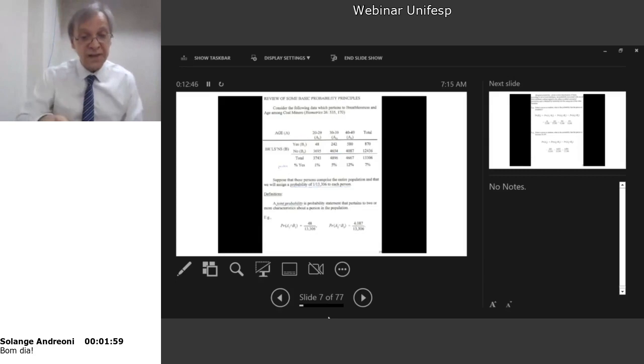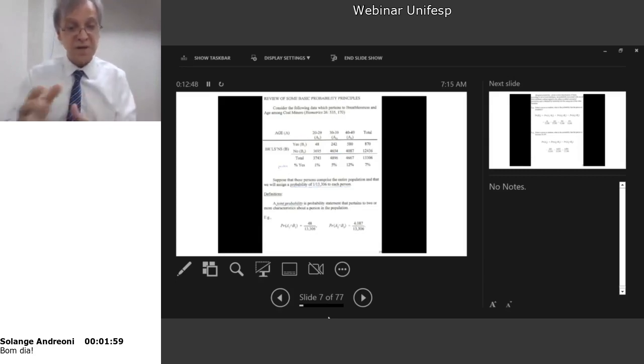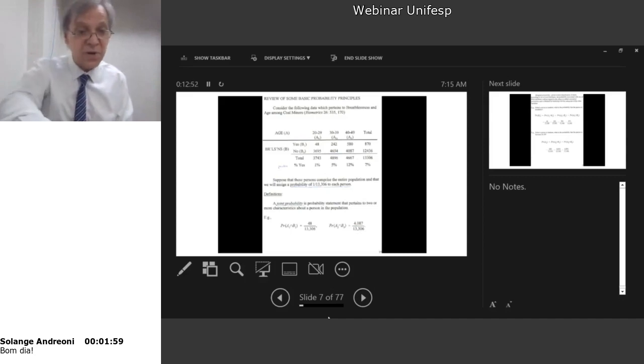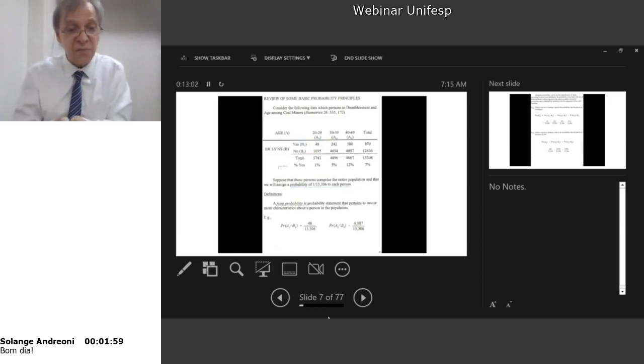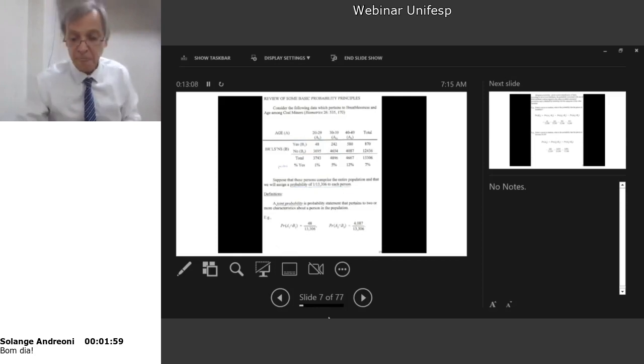On the other hand, the joint probability of A and B is the 4,087, as you can see in the table, in the second row and third column. So it's 4,087 people who are 40 to 49 and have breathlessness, divided by the total. So they have both conditions.